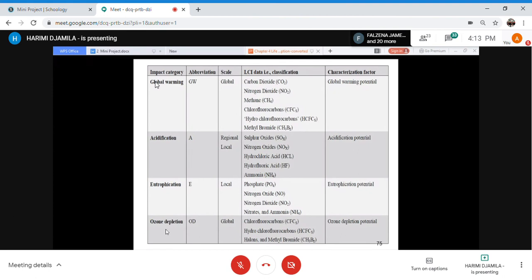The type of data classification or gas selection is already shown here. The four are very well known in life cycle assessment. For that reason, I showed global warming, acidification, eutrophication, and ozone depletion.